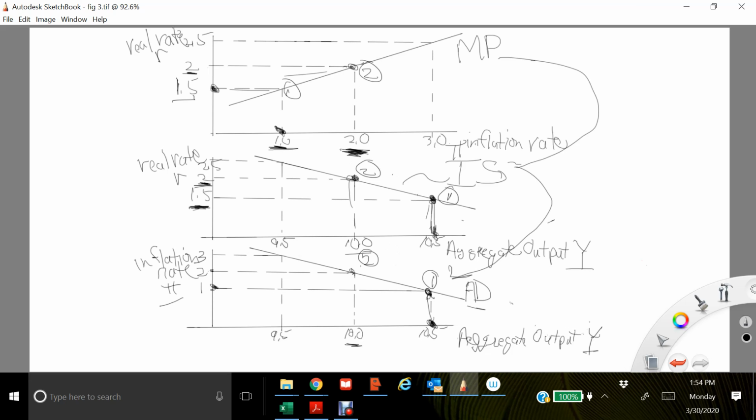Okay. Finally, at an inflation rate of 3.0, we go up here to our monetary policy curve. We see that the Fed is going to set a real rate of 2.5. We look here on our IS curve at a rate of 2.5. Equilibrium output is 9.5.